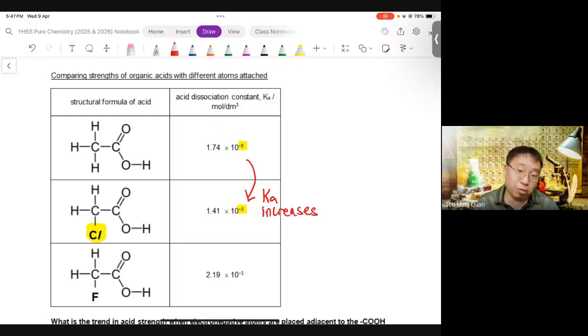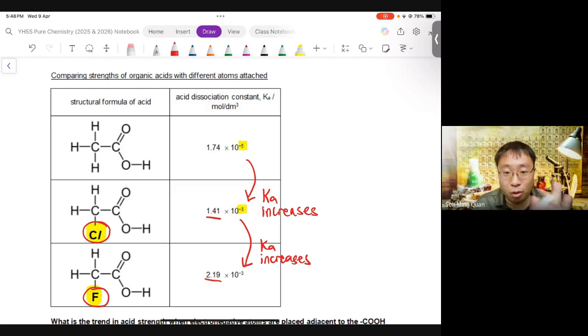But we don't stop there. What if instead of chlorine, I put a fluorine at the same spot? Again, Ka increased about 1.5 times. So why? Hopefully you remember from the previous lecture, fluorine is the most electronegative.